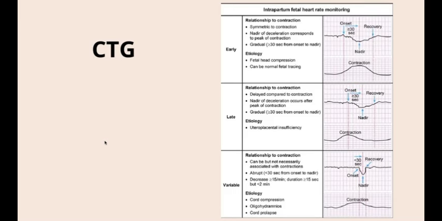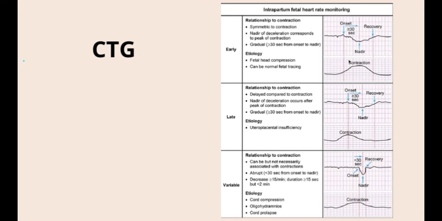Okay, let's now talk a little bit about CTGs that are used in intrapartum fetal heart rate monitoring. So there are three kinds of decelerations and accelerations that we should cover, and these are late, early, and variable decels. So the first thing is that early decels are symmetrical to the contraction.